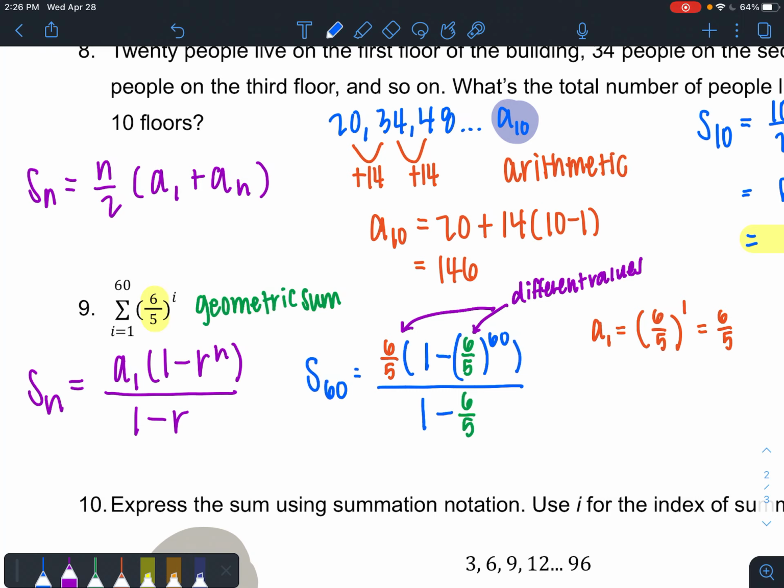Okay, so when you plug that into a calculator, you should get, grab my calculator here. 6 over 5 times 1 minus 6 over 5 to the 60th over 1 minus 6 divided by 5.